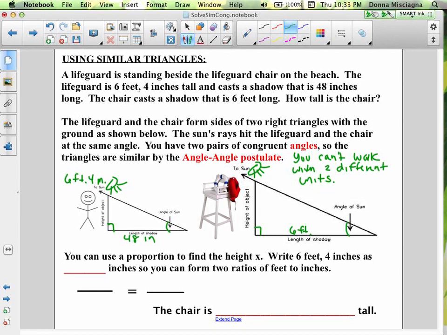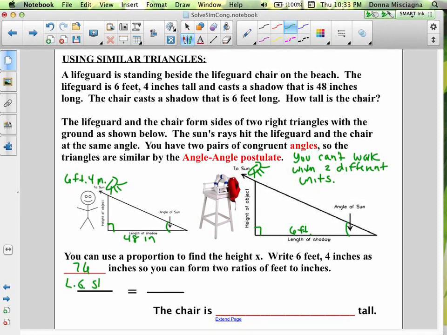All right? But anyhow, let's change that 6 foot 4 inches. That 6 feet, 6 times 12 would be 72 plus 4 more. He's 76 inches tall. So let's set up our proportion in words first. All right? So I'm going to abbreviate LG for lifeguard.